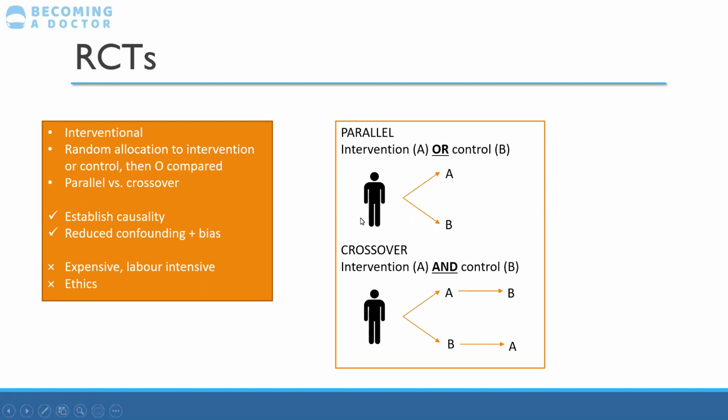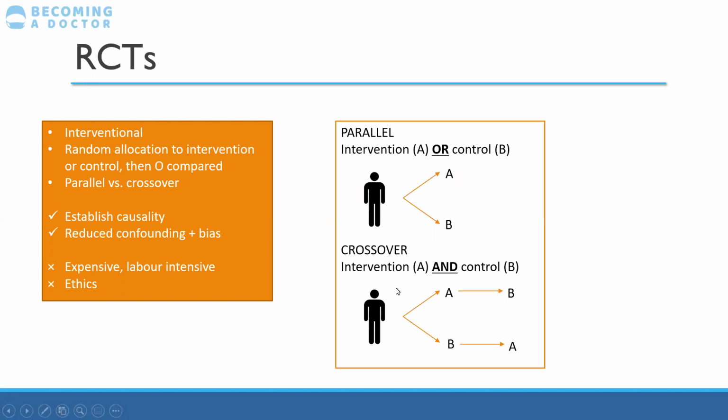Parallel is the type that's usually used, in which patients will be assigned to the intervention group or the control group. So, for example, the intervention group might be a new drug, and the control group might be a placebo. This is the most common that is conducted.